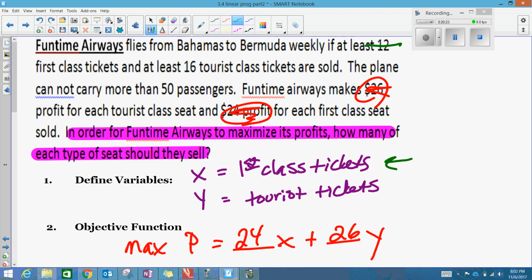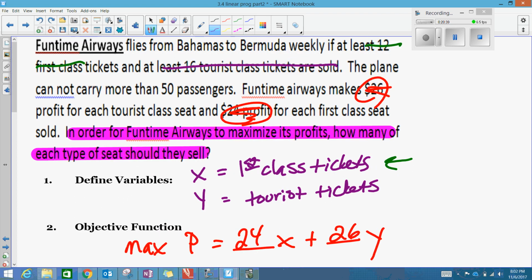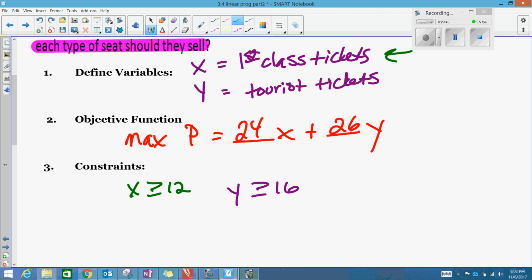And Y, tourist class, has to be at least 16, so Y has to be greater than or equal to 16. And then the plane cannot carry more than 50. If only a total of 50 tickets can be sold, then X plus Y has to be less than or equal to 50. Okay?